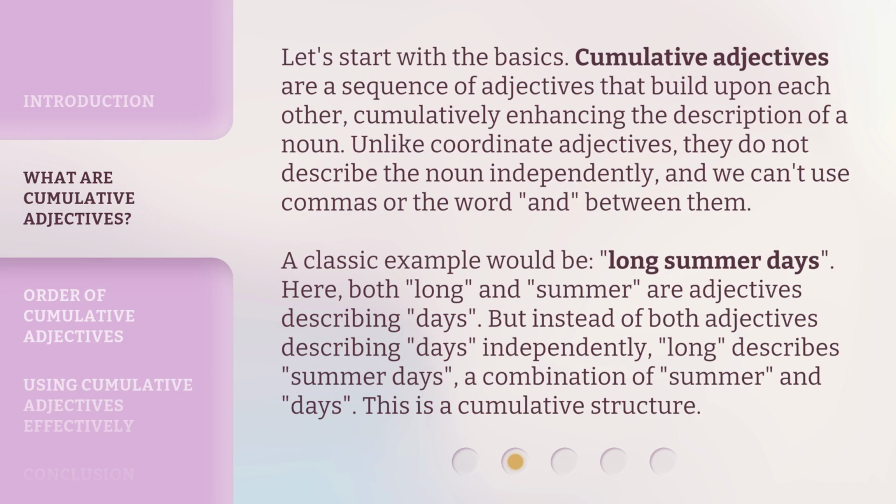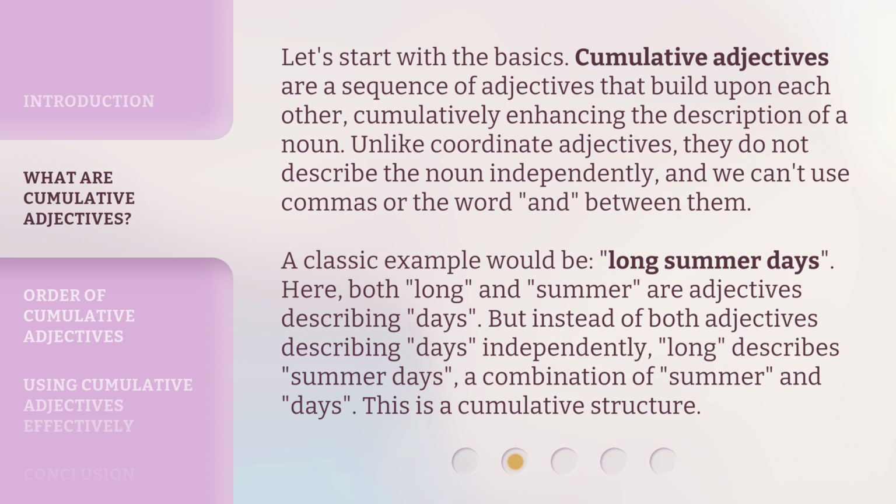Let's start with the basics. Cumulative adjectives are a sequence of adjectives that build upon each other, cumulatively enhancing the description of a noun. Unlike coordinate adjectives, they do not describe the noun independently, and we can't use commas or the word "and" between them. A classic example would be long summer days.